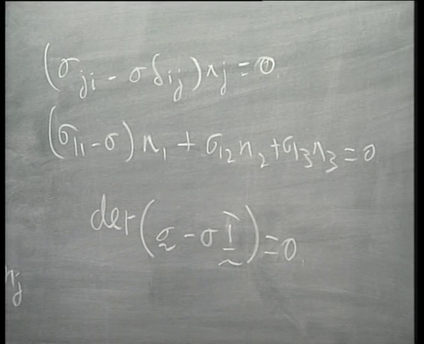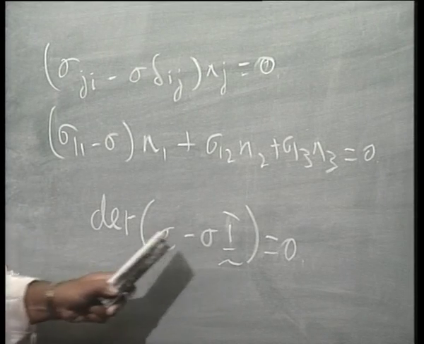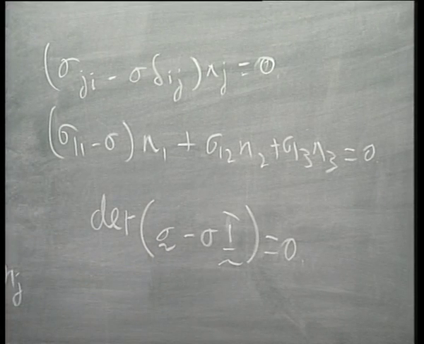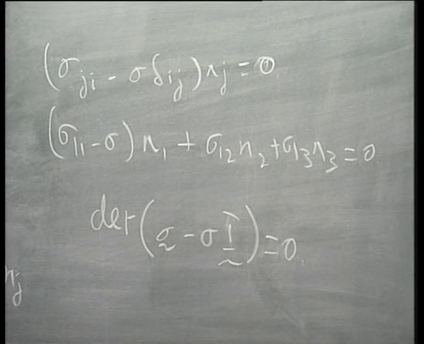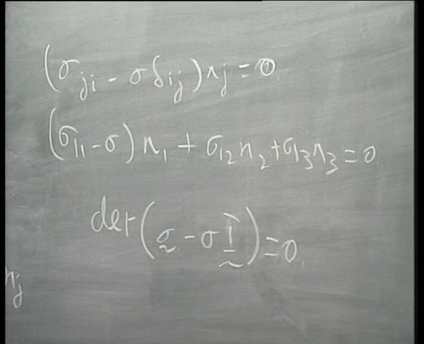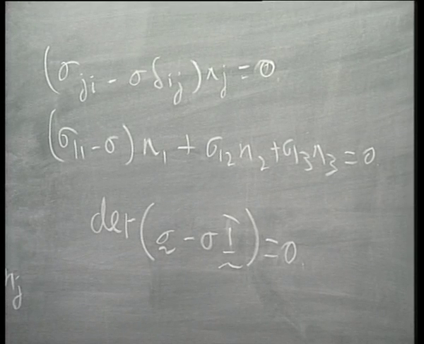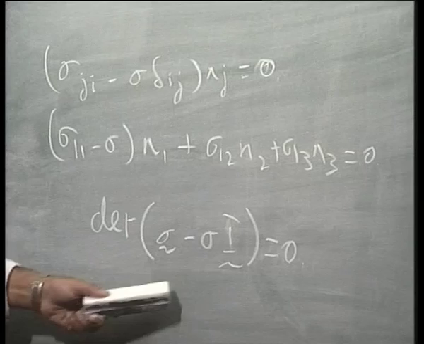Is that clear? Please note the difference between this sigma and this sigma, always it is like that, but I am sure that the squiggle below will tell you which is a tensor and which is a scalar. Is that clear? Okay. So what do I get from this equation?